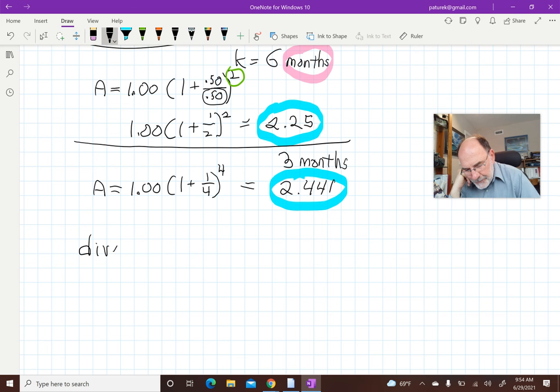Divergence is when the numbers become... I don't think I can define divergence. I can define convergence.